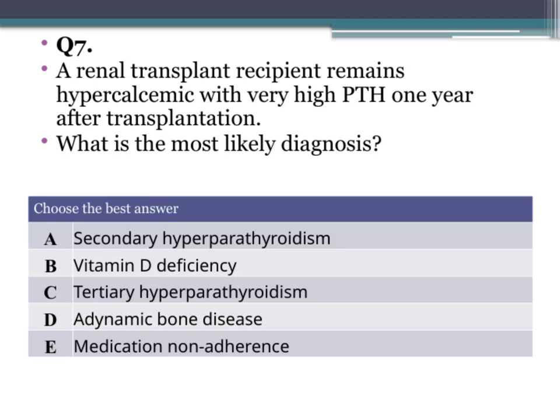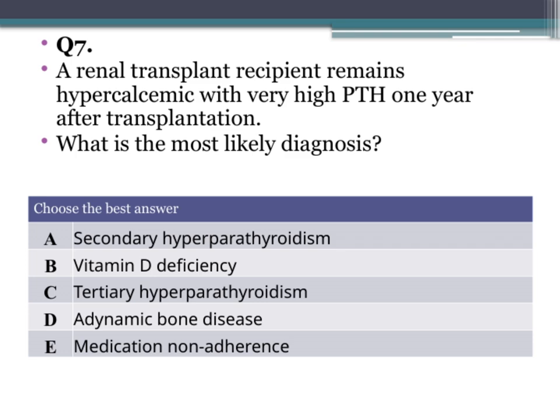All right, let's consider this case carefully. We have a renal transplant recipient who, 1 year post-transplant, is still experiencing hypercalcemia along with very high PTH levels. This suggests that despite the transplant, the parathyroid glands are still overactive. Now, when we see persistent hyperparathyroidism after transplantation, it's important to differentiate between the types.